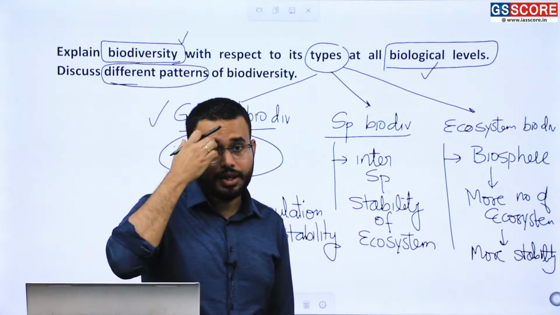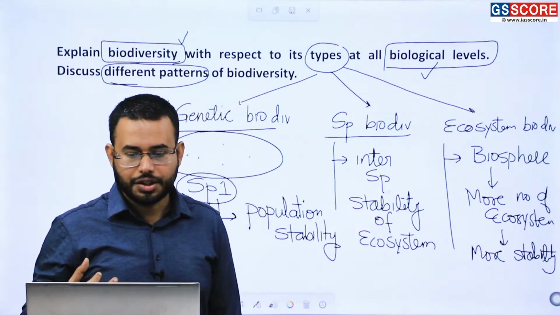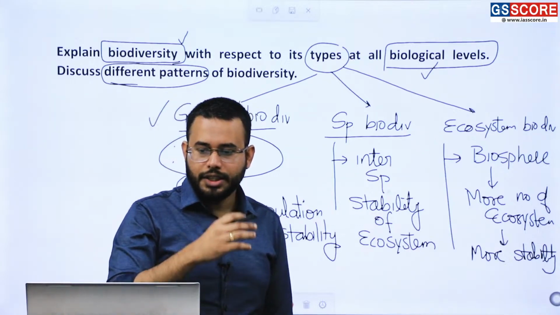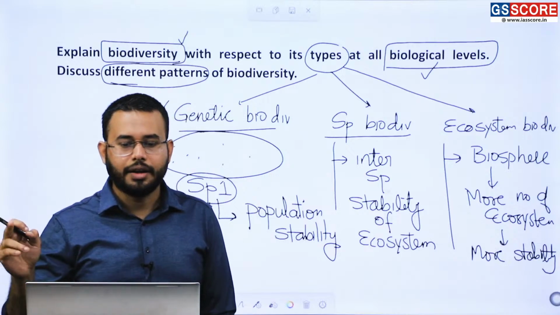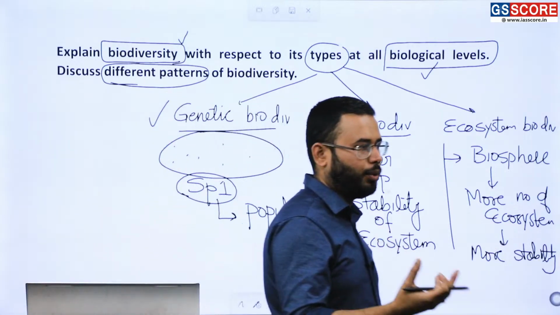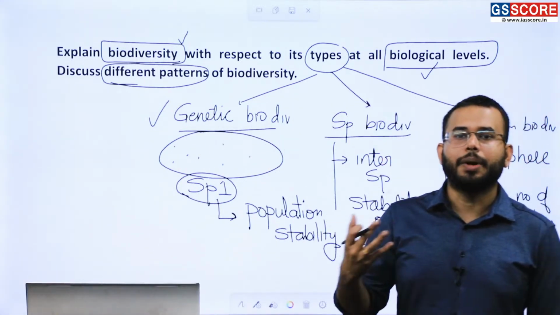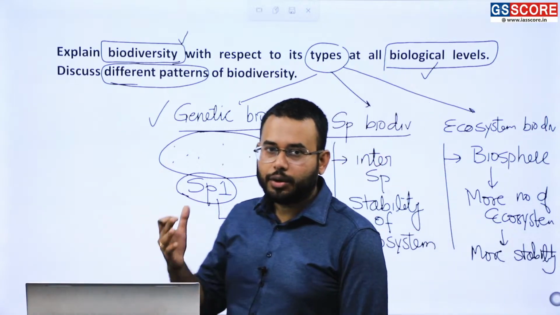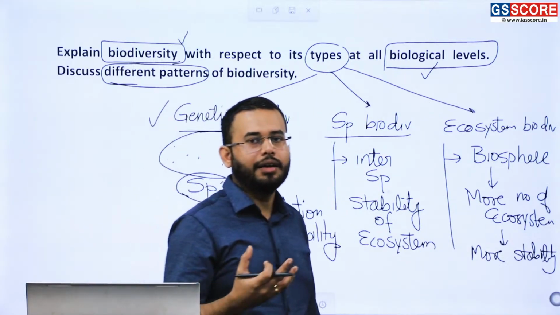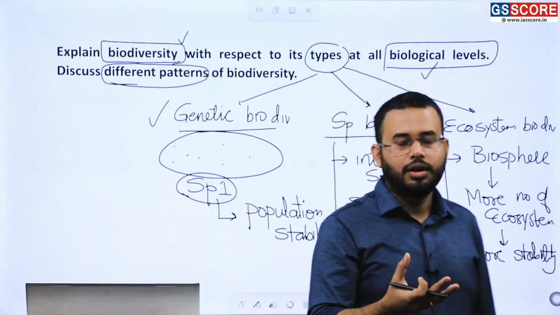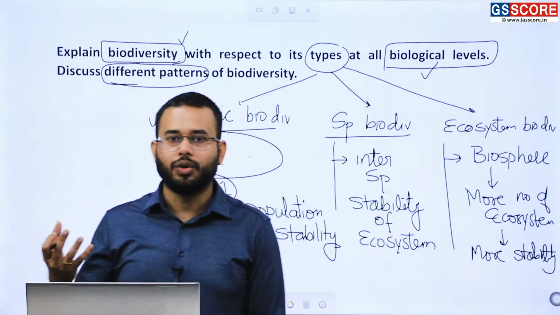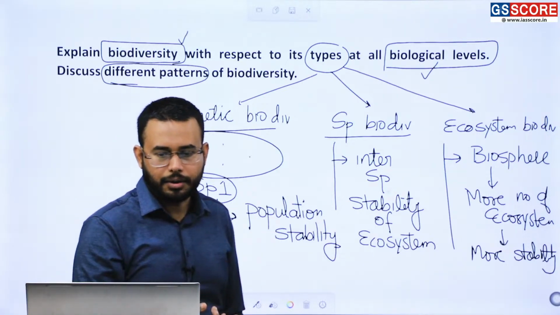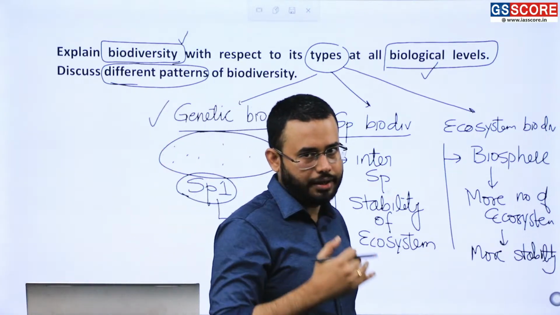Again, another would be species area relationship. Now the species area relationship describes the relationship between the size of an area and the number of species it can support, ecological carrying capacity of an area. That also indicates that how many types of biodiversity will be sustained in that particular area. That is another pattern. Elevation gradient.